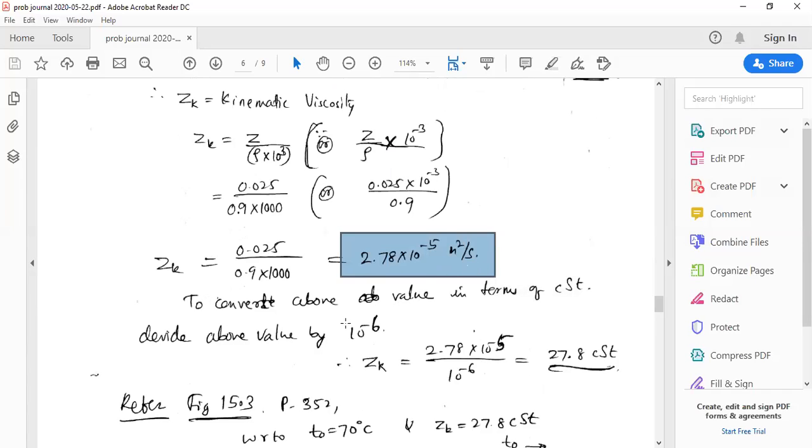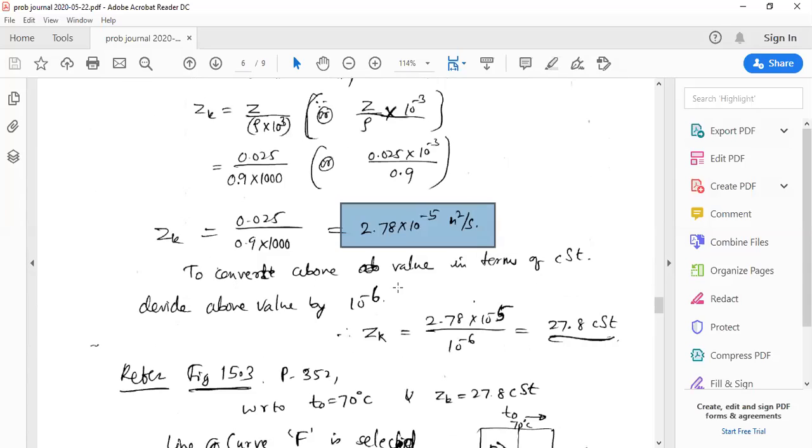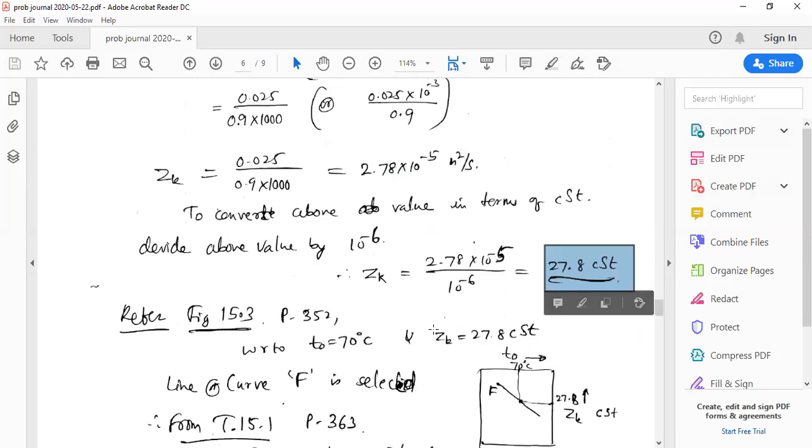But we want the unit of Zk in centistokes to refer to that figure in the data handbook. So convert the above value into centistokes by dividing that value by 10 raised to minus 6. So if I divide that value by 10 raised to minus 6, the value obtained here is 27.8 centistokes. cSt means centistokes.